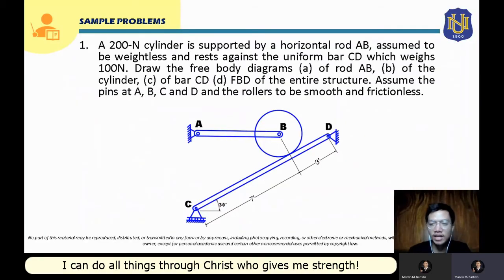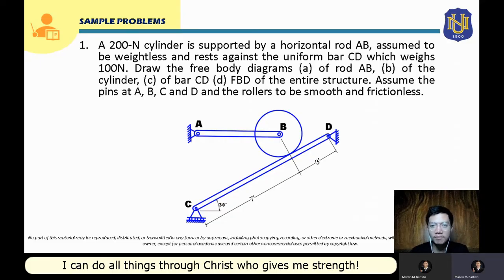Since we have already learned about support reactions, we can now start to construct free body diagrams of structures. So let's try to solve this sample problem number 1. A 200 Newton cylinder is supported by a horizontal rod AB, assumed to be weightless, and rests against the uniform bar CD, which weighs 100 Newton.